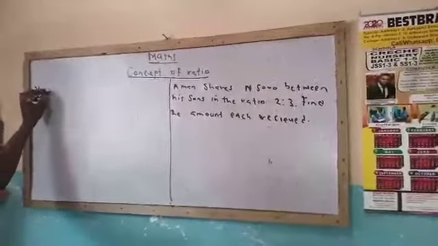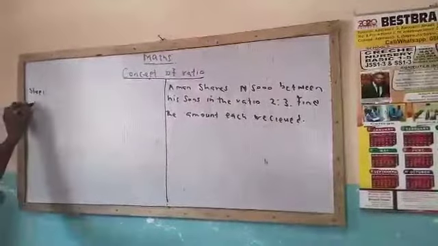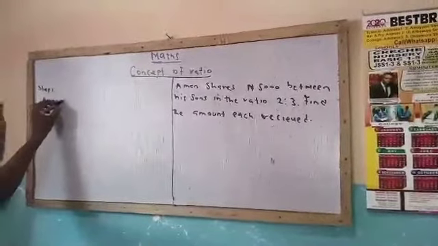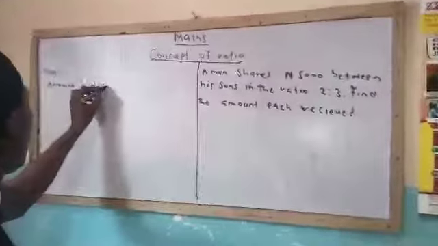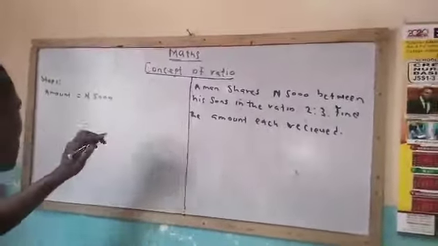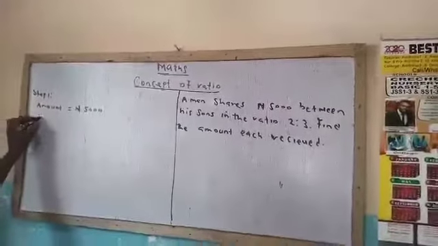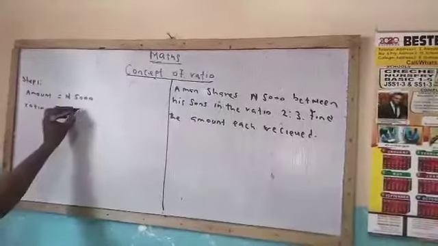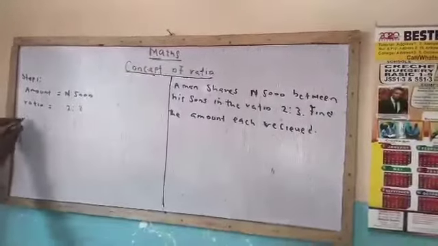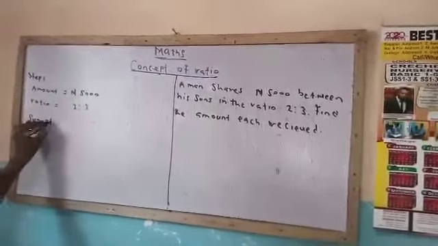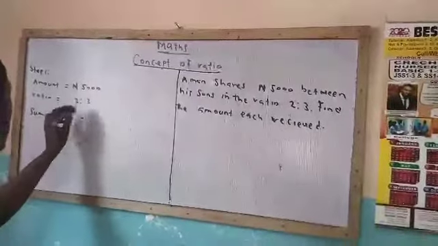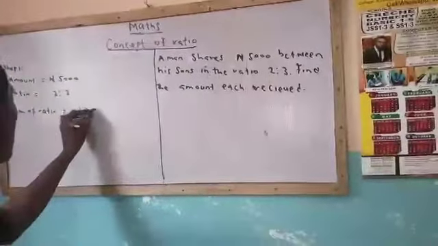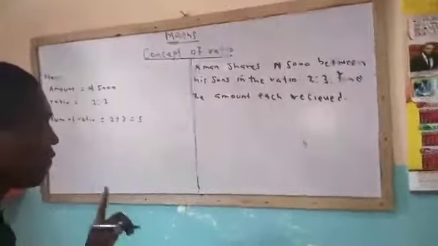Step 1, you write down the amount. Amount is given as 5,000 naira. Now, the ratio at which they are sharing it is 2:3. Then you take the sum of the ratio, which is 2 plus 3. That's 5.